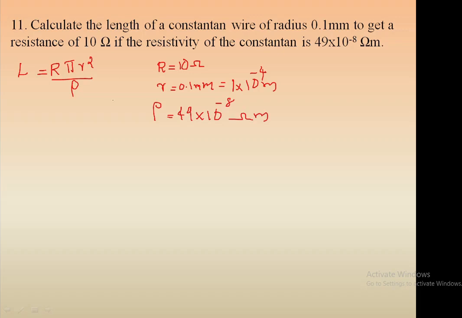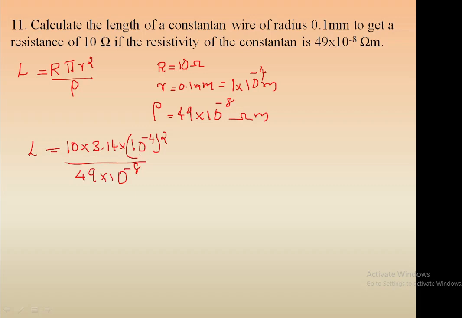Now let us substitute. Therefore, L is equal to 10 ohm into 3.14 into (10^-4) whole square, that is the radius, divided by 49 × 10^-8.